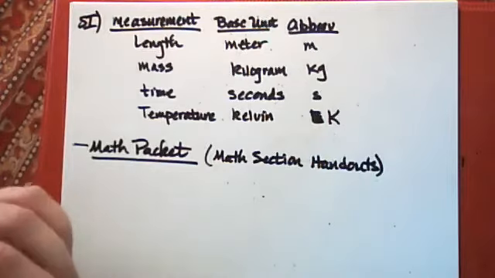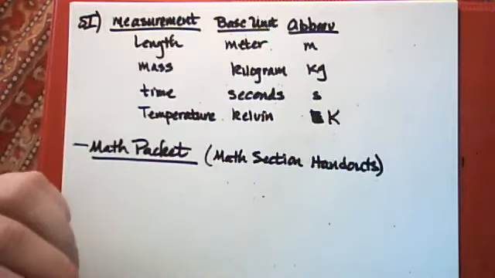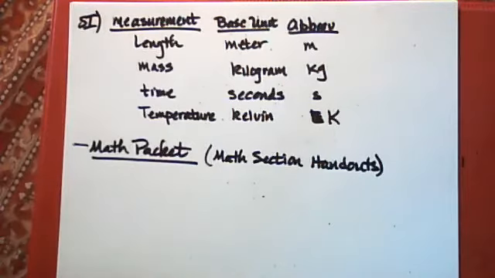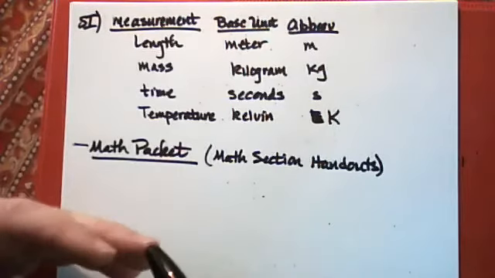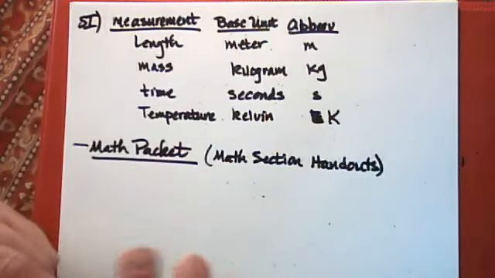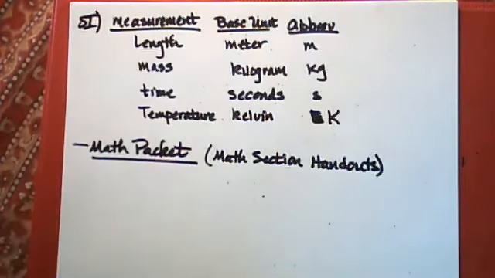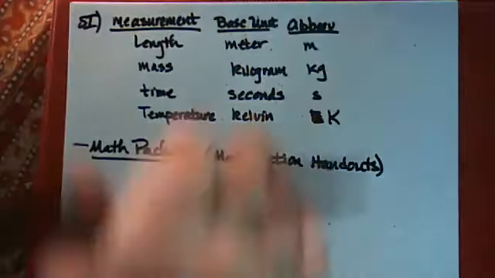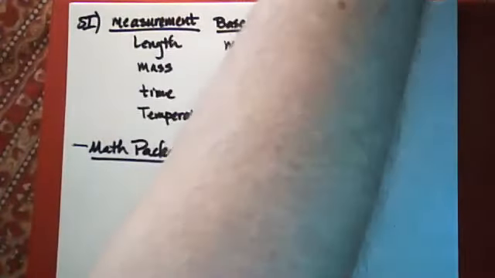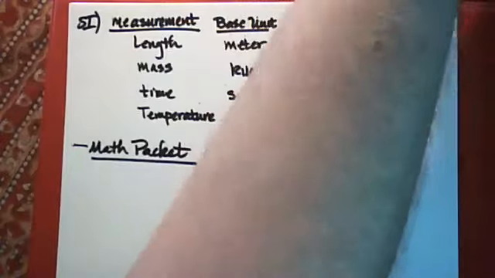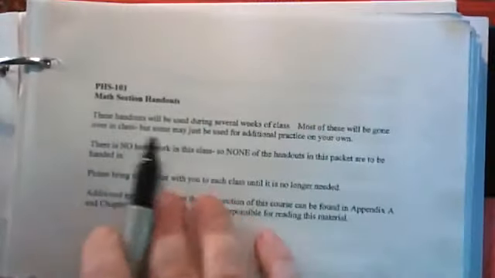Okay, the conversions that are gone over in the math packet start out with some approximations. In the introduction to the math packet, it says, let's see, these handouts will be used during the first several weeks of class. That's true.